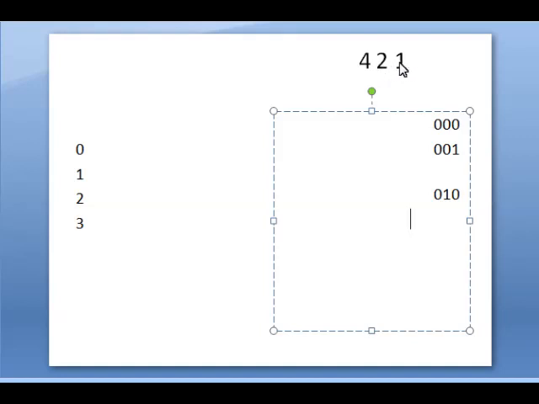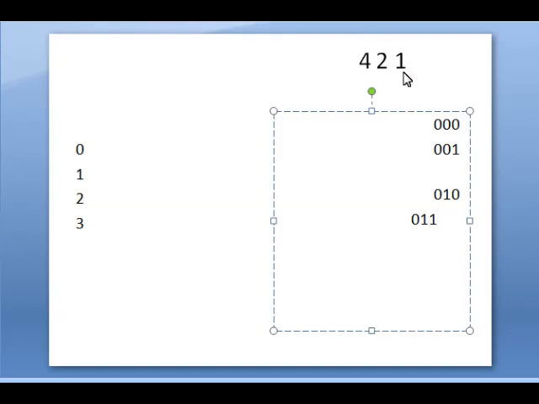So in the place of 2 we will write 1, and in the place of 1 we also write 1. In the place of 4 we put 0. That is 0 1 1. Why? 2 plus 1 is 3.